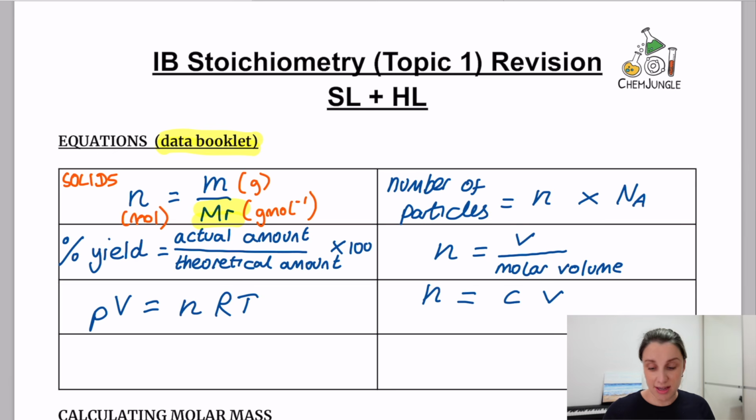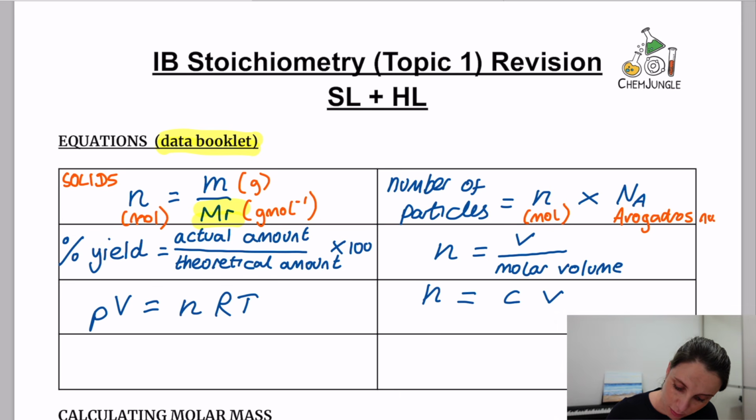The second one is using Avogadro's number to calculate the number of particles that you have in a sample. I use the word particles generically because I could mean atoms or ions or molecules, just things, the number of things that you have. And we calculate this by taking the moles times Avogadro's number. And the units for Avogadro's number is per mole.